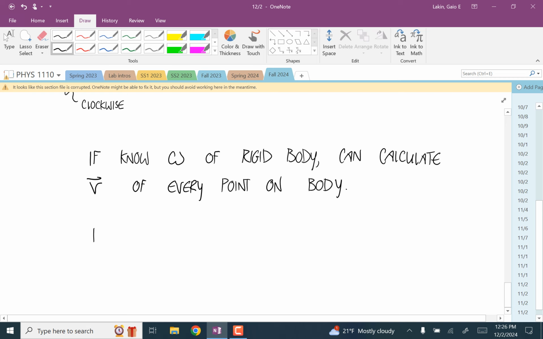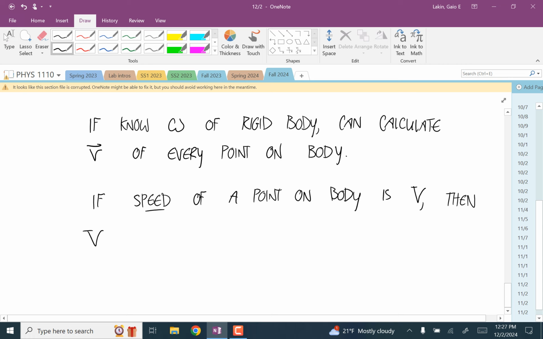So if the speed, not the velocity yet, but the speed of a point on the body is capital V, then the speed of a point on the body is equal to capital omega times r.